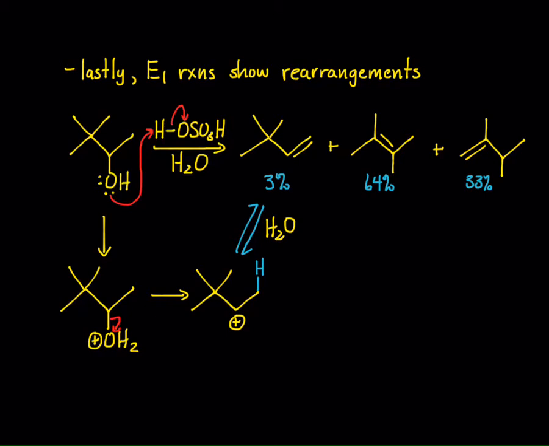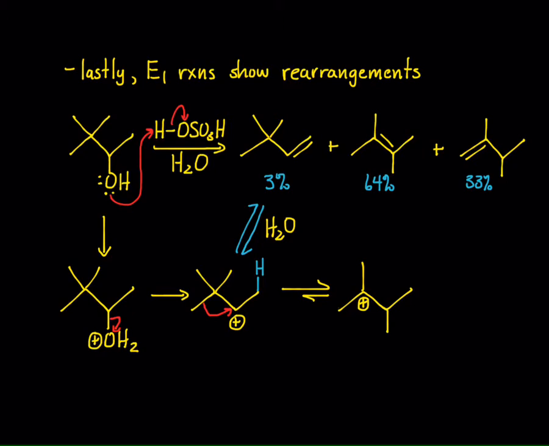Notice, the beta carbon on the left, while it has no hydrogens, it can undergo a migration. This is called a methyl shift, so an alkyl shift, in this particular case a methyl shift, because the alkyl group is a methyl group, is going to shift and it's going to attack that carbocation. Why? Well, because now I form a new carbocation where the methyl group has gone to where the original carbocation is. There are now 2 methyl groups still on that carbon, and that carbon is a tertiary carbocation.